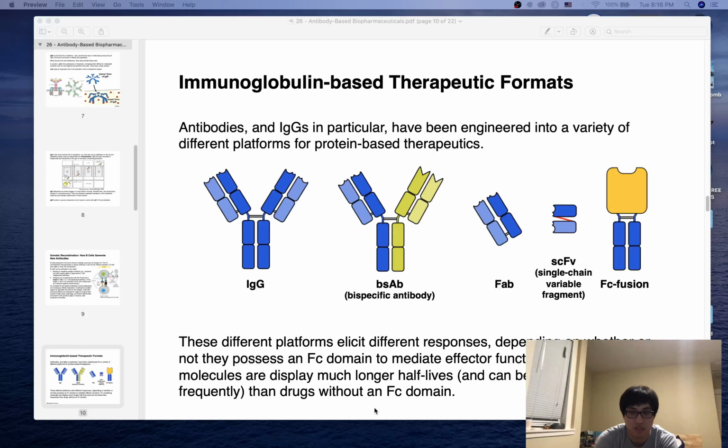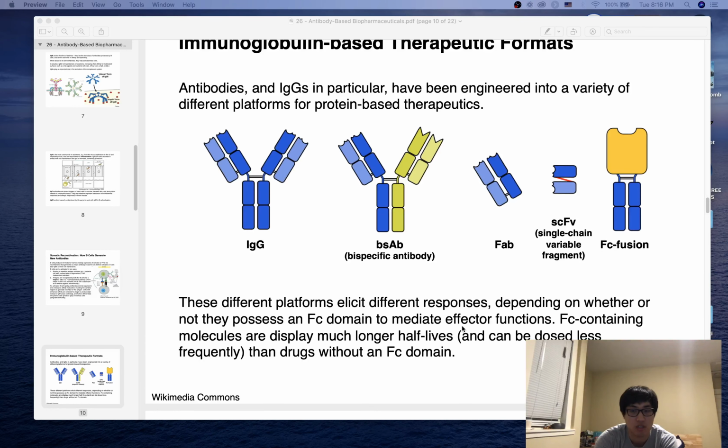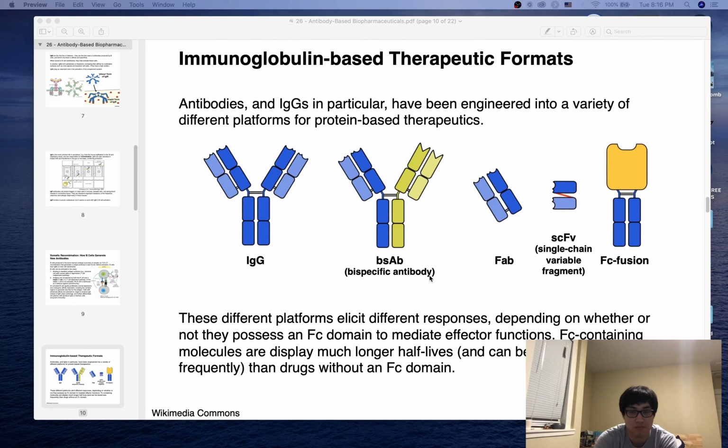So here, we have normal IgG. This one is like a bispecific.